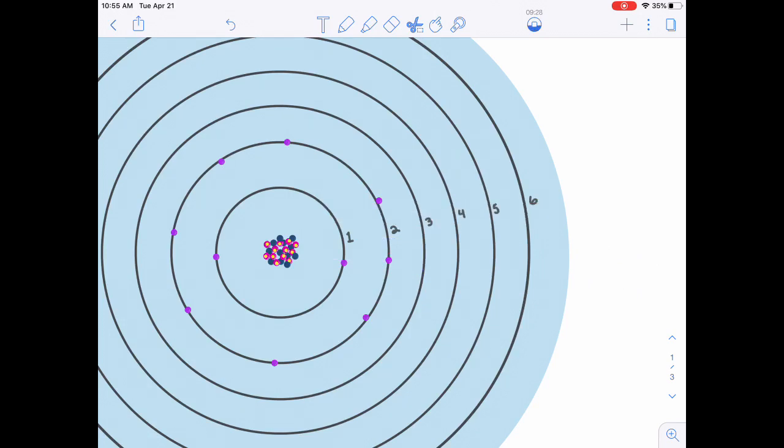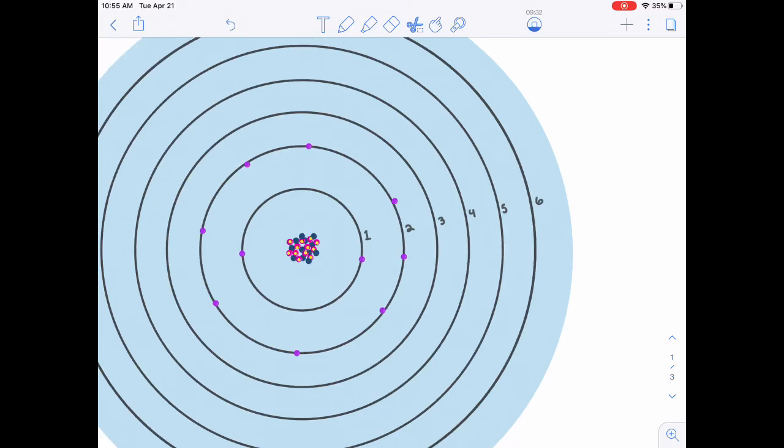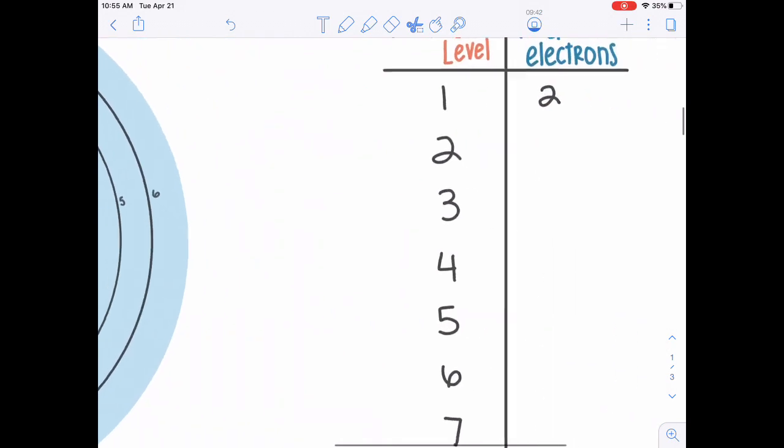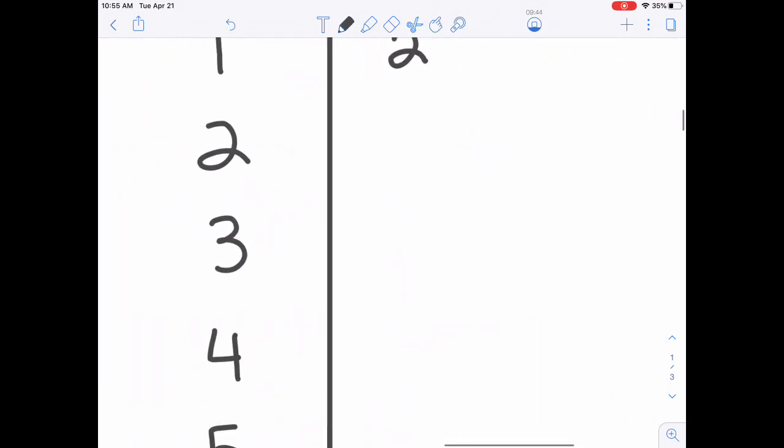I'm trying to spread them out so they're evenly spaced, since energy levels are spheres. But again, they would occupy regions above and below and in front of and behind and all of those. So the second energy level has 8 electrons.